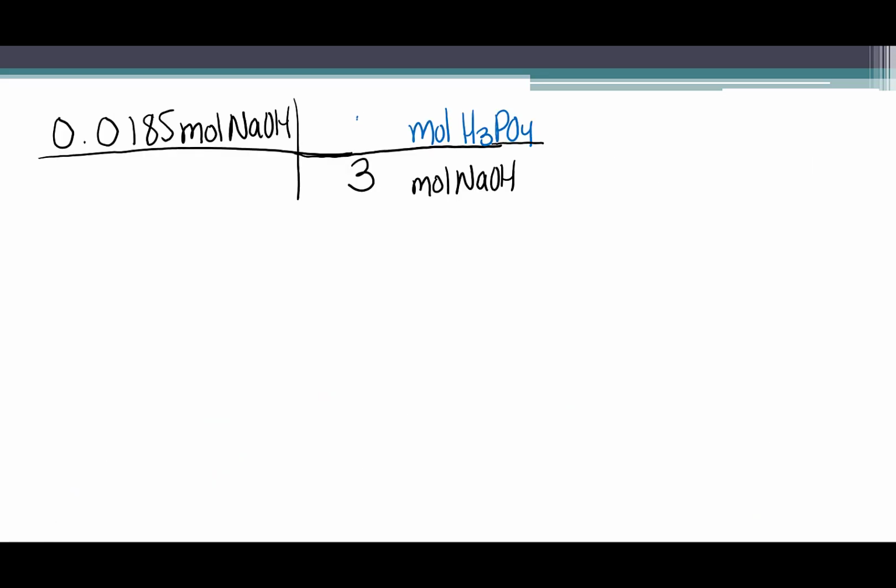So I need to make sure that coefficient of 1 stays with the H3PO4. All right, now to solve, we multiply across the top and divide by the bottom. So we've got 0.00185 times 1 divided by 3, and we get 6.1, and my calculator just put it into exponents, and that is moles of H3PO4.